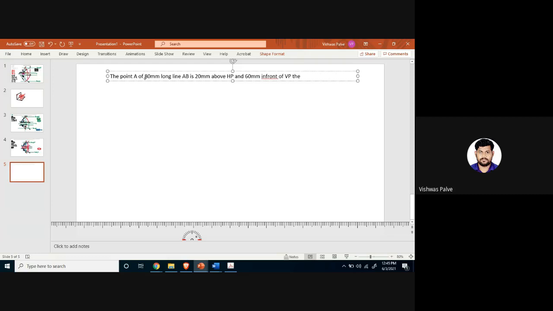The end point B is 15 mm in front of VP, while its plan measures 65 mm.